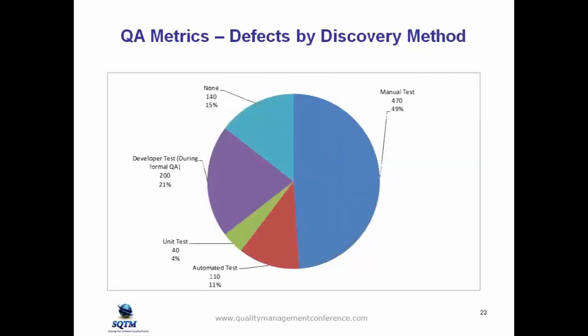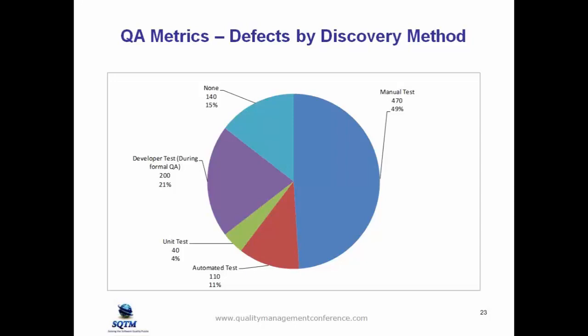Let's look at defects by discovery method. So now we can see, let's look at the data. We've got 50% that's been discovered by a manual testing method.